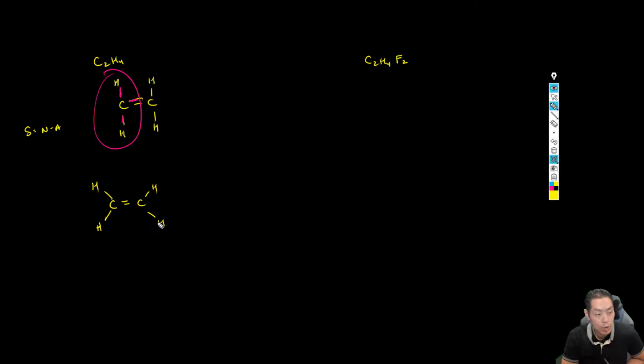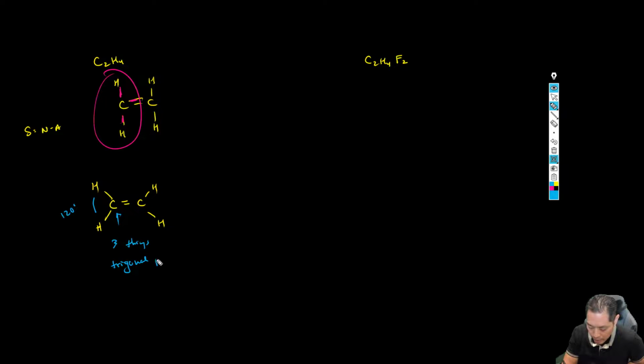So this is a trigonal planar carbon and another trigonal planar carbon right here. And that is going to be your shape. And then the bond angles between the adjacent H's right here is going to be the same as a trigonal planar, which is 120. So remember, this carbon has 3 things around it. And because it has 3 things around it, it's going to be trigonal planar.